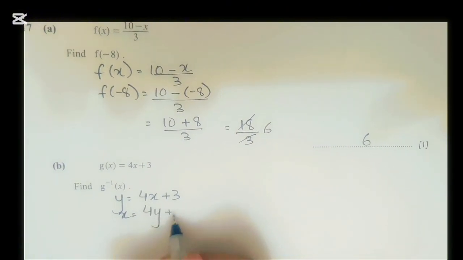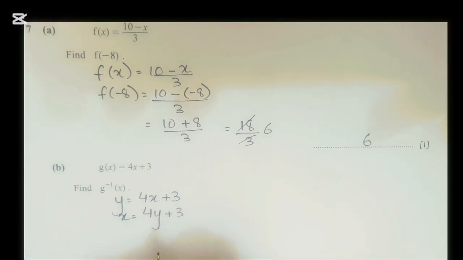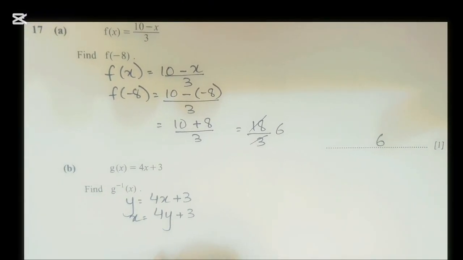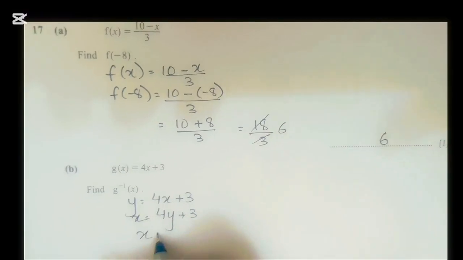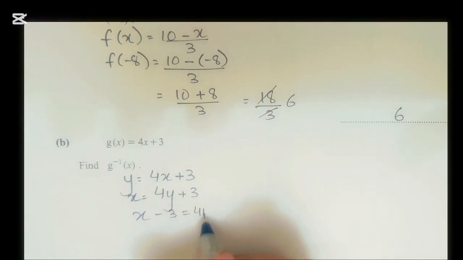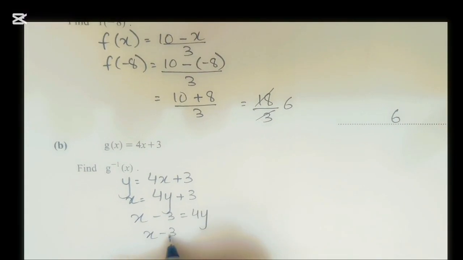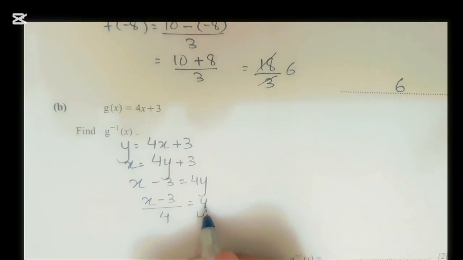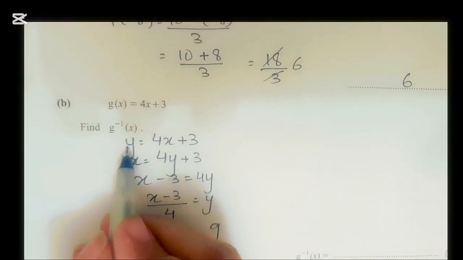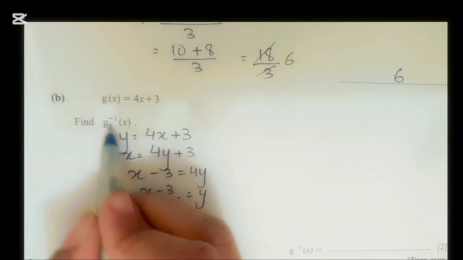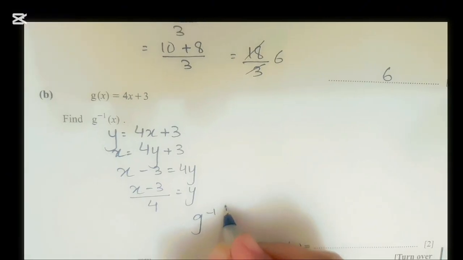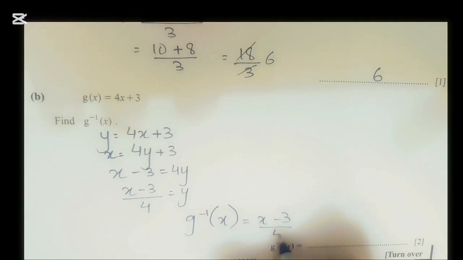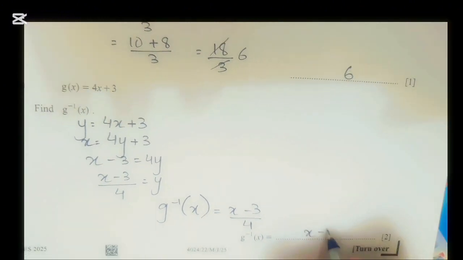To make y the subject, I am going to use x minus 3 is equal to 4y, and x minus 3 upon 4 is equal to y. Now this is my g inverse. Because I have used y in place of g inverse, g inverse of x is equal to x minus 3 upon 4.